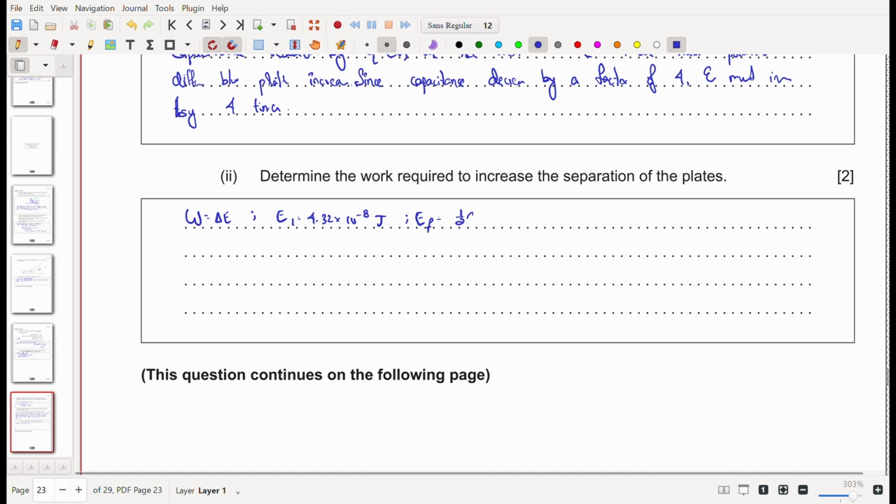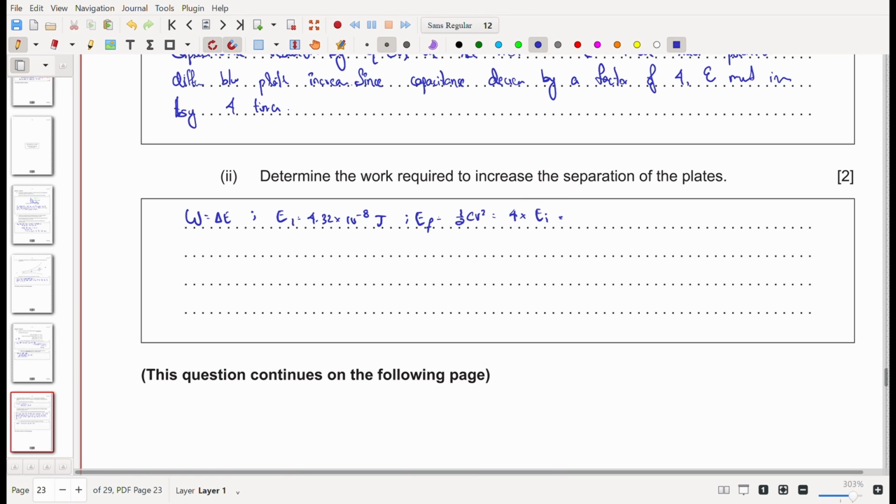EF is equal to half CV squared, which is equal to 4 times E initial. Now this is because your capacitance is decreasing by 4 and your voltage is increasing by 4, so this is squared, so C by 4 times 16V squared is equal to 4 into half CV squared. So I've done this calculation on the side and just input that straight in.